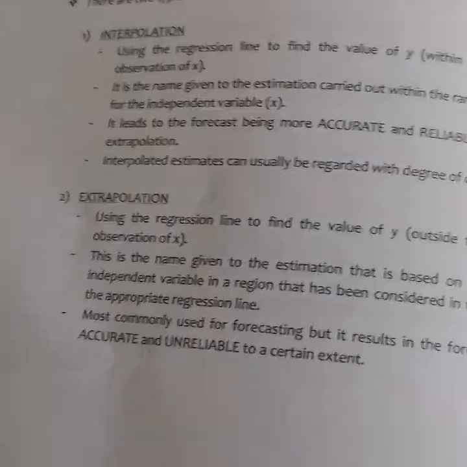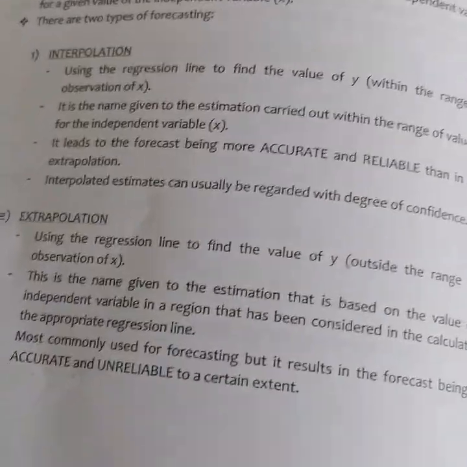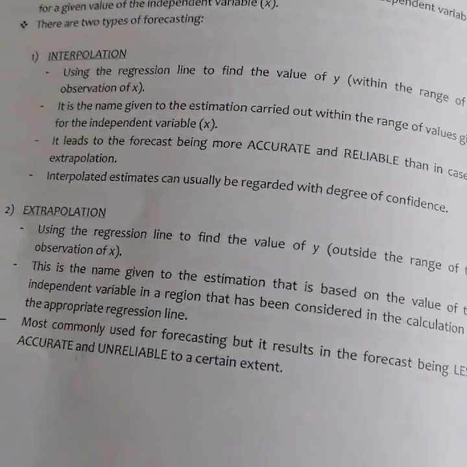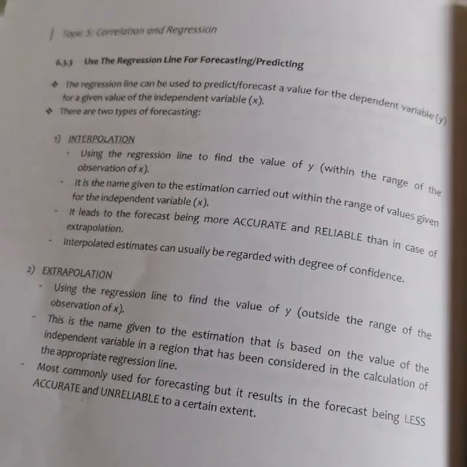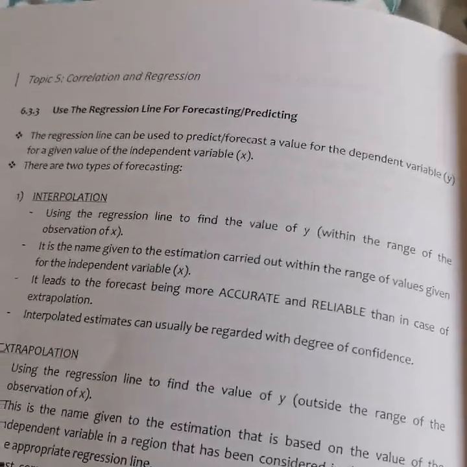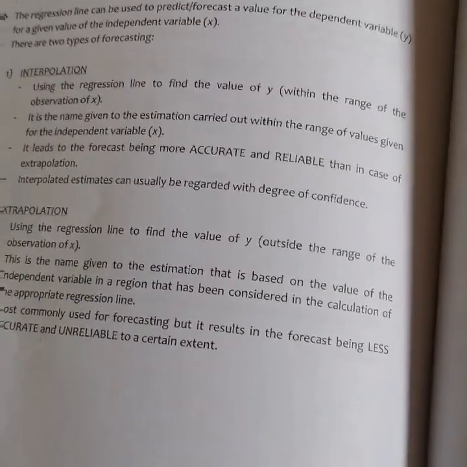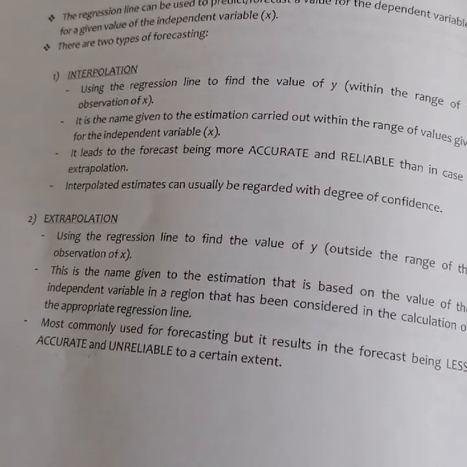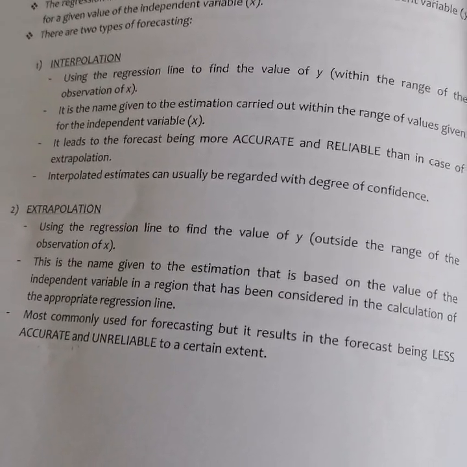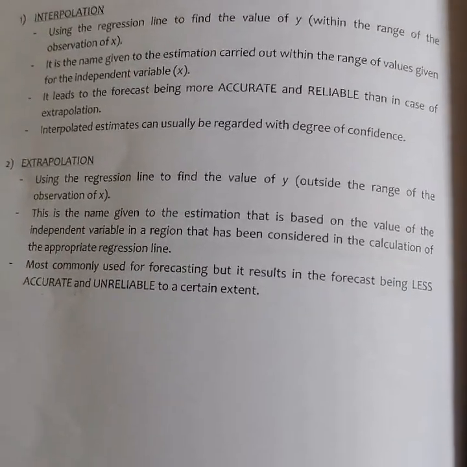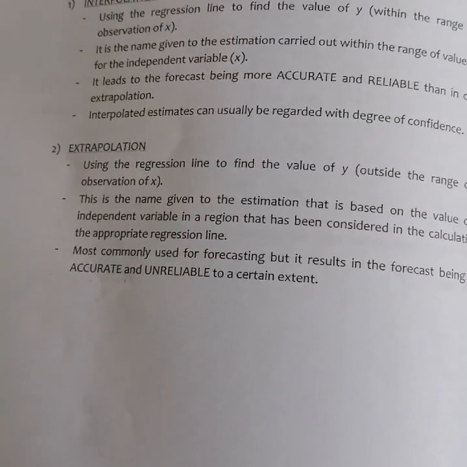For example, let's say you already have the equation y equals 2 plus 3x. In order to find the y value if x equals 3, you just need to substitute into the formula. In this subtopic, you are trying to forecast or predict the value of y given x.